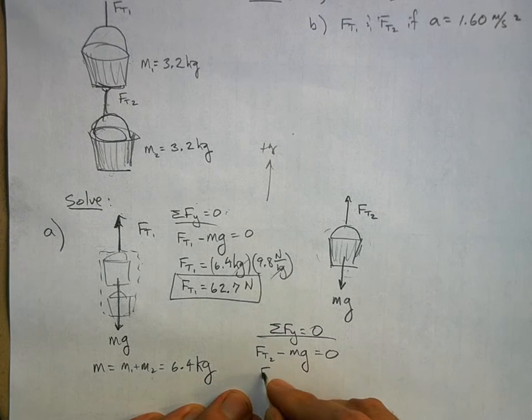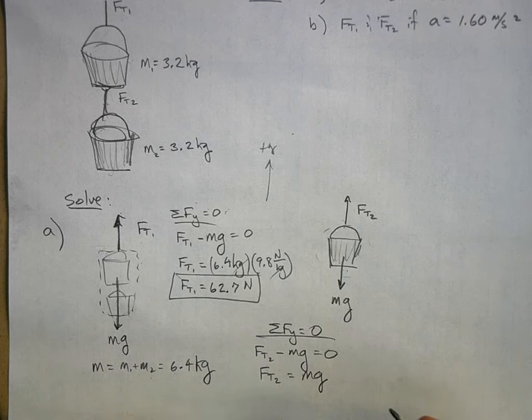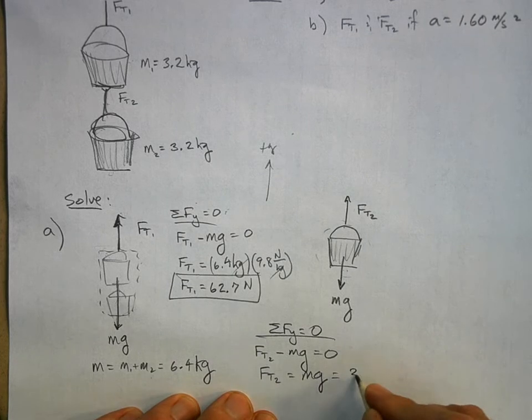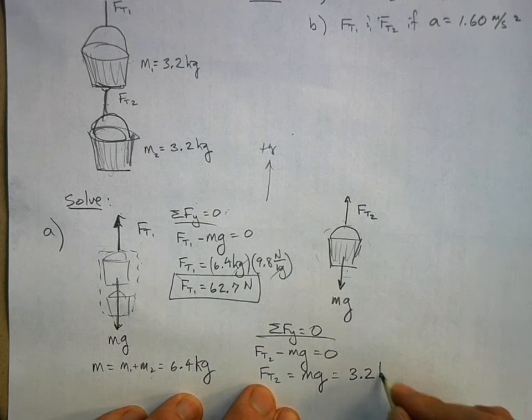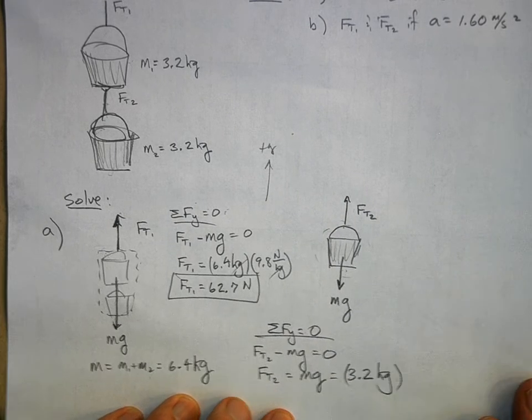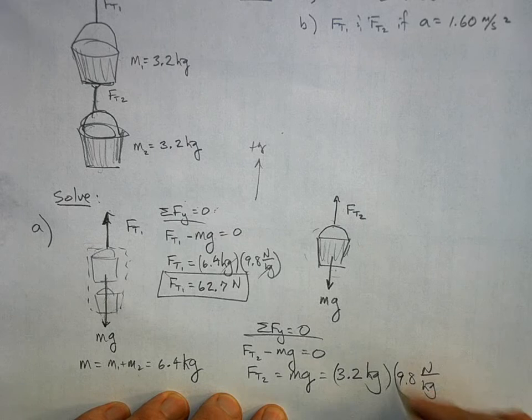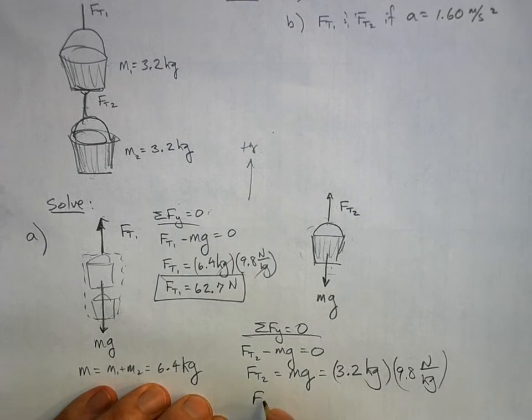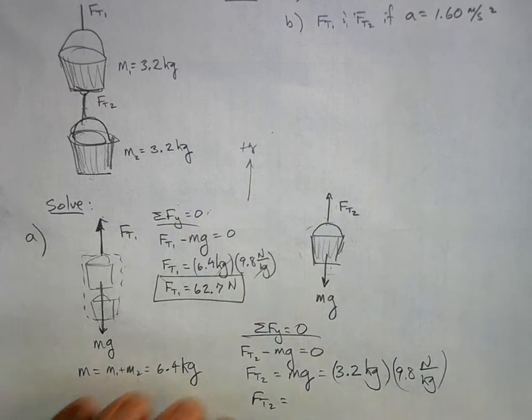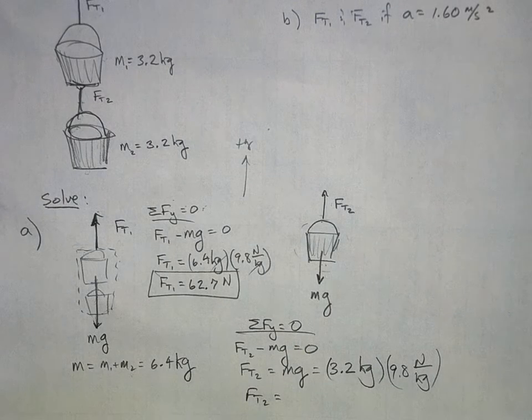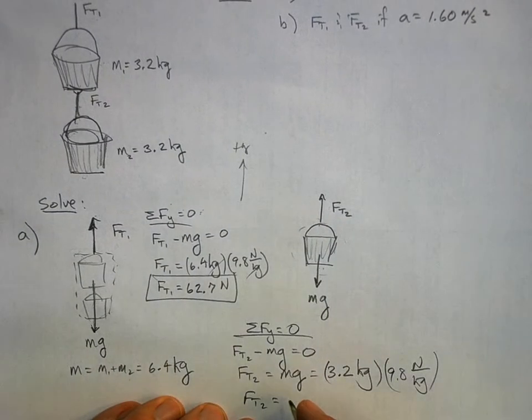So this is going to be F_T2 equals mg, which is equal to 3.2 kilograms times 9.8 newtons per kilogram. So that tension force, well, it's going to be half of that, right? 3.2 times 9.8, and we get 31.4 newtons when I round it off.